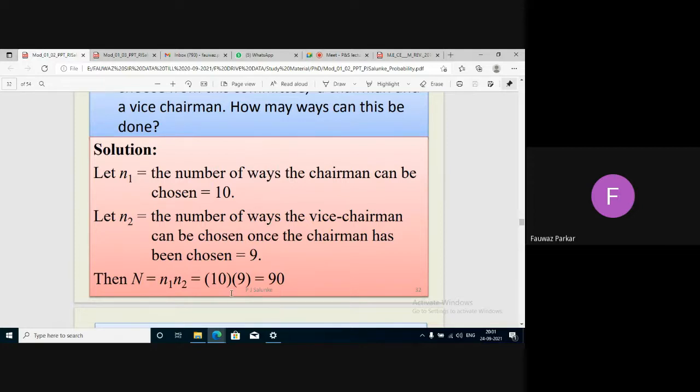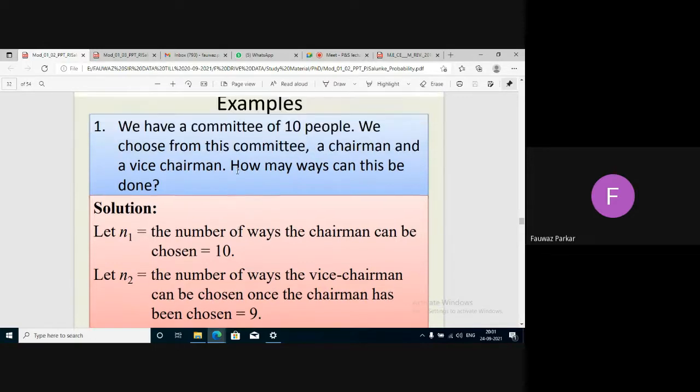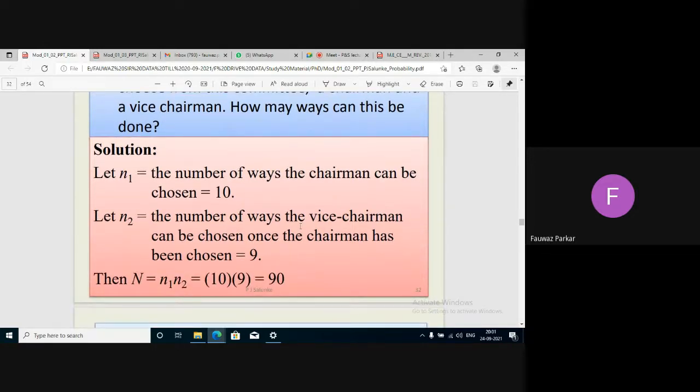So there are 90 ways, simply multiplication से हमको मालूम है. There are 90 possible committees, यानी there are 10 people, so there can be 90 different pairs of chairman and vice chairman.